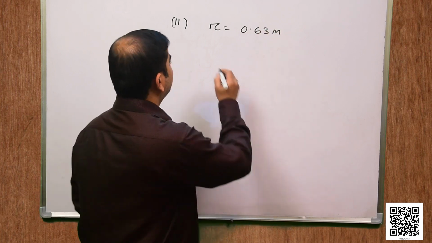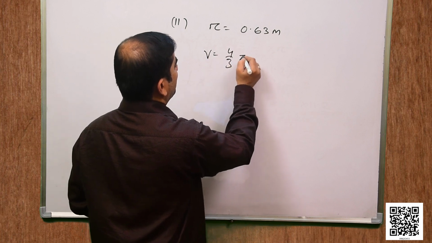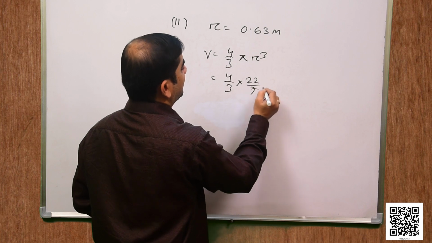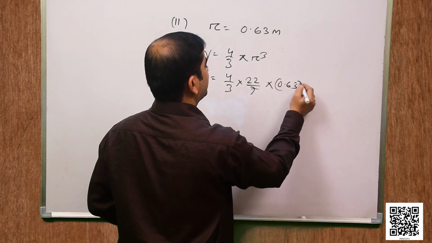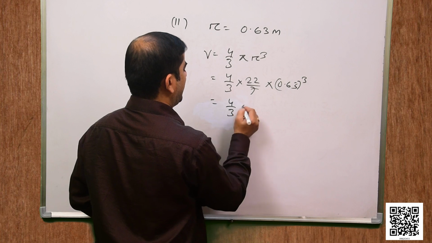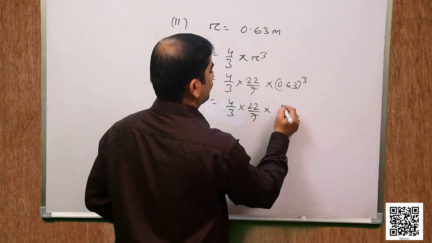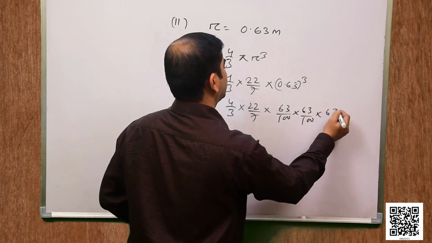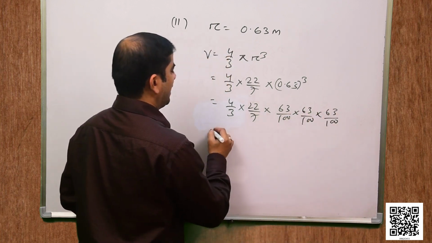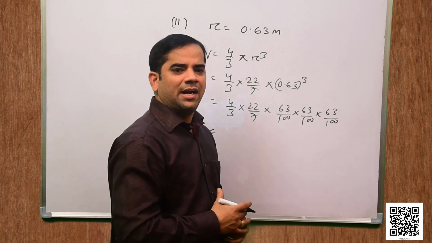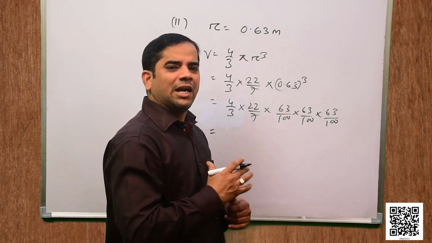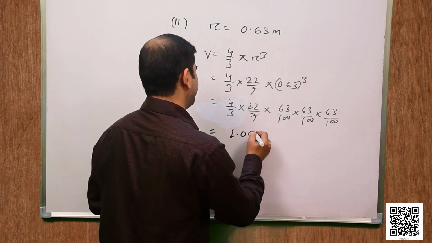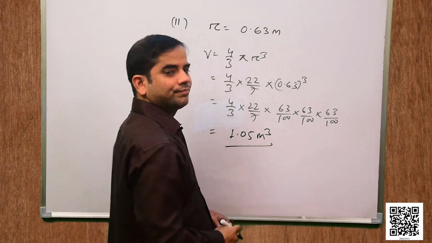So, volume will be 4 by 3 pi r cube, that is 4 by 3 into 22 by 7 into 0.63 cube, or 4 by 3 into 22 by 7 into 63 by 100 into 63 by 100 into 63 by 100. Okay. And when we calculate, it will give us a value that will be equal to 1.05 meter cube.